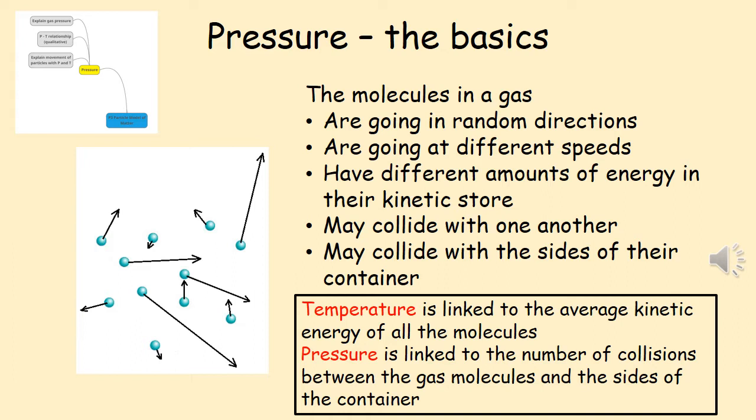And secondly, the pressure. The pressure is linked to the number of collisions between the gas molecules and the sides of the container. So what you're supposed to link in here is, well, okay, what's going to be the effect of increasing the temperature on the pressure?